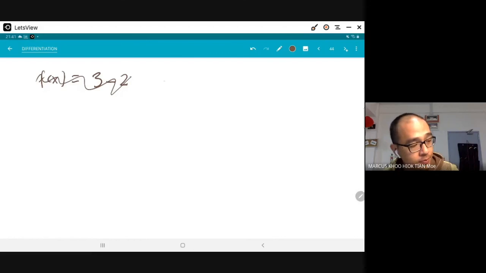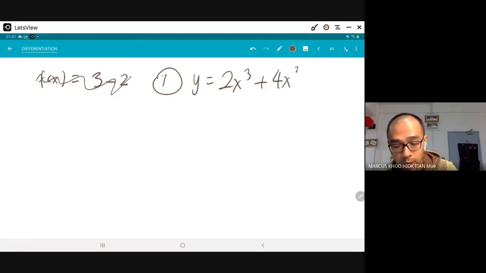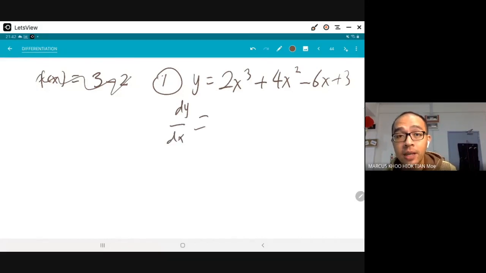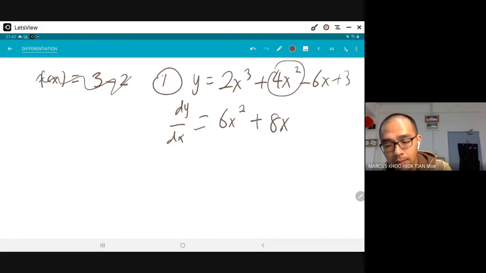Number 1, y equals 2x cubed plus 4x squared minus 6x plus 3. So you differentiate once. This is the easy differentiation. We differentiate once, 2x cubed will give you 6x squared. 4x squared will give you 8x minus 6. 3 differentiated becomes 0.